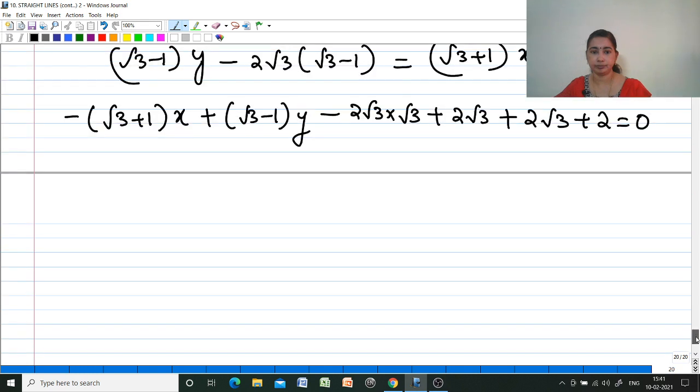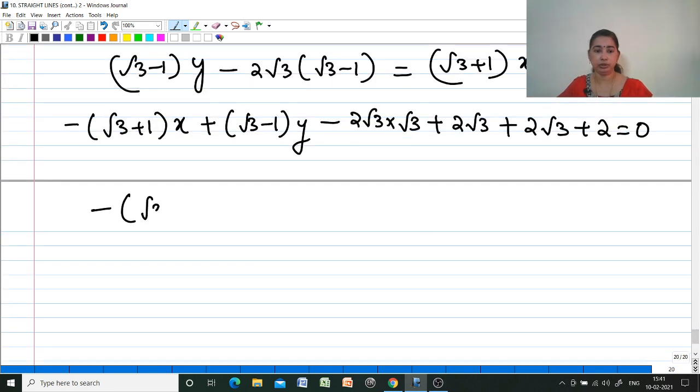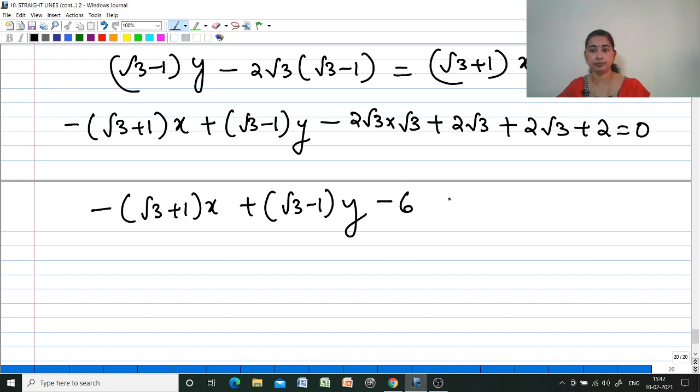Then this is 3 into 2, which is 6, then plus 4 root 3, then plus 2 is equal to 0.